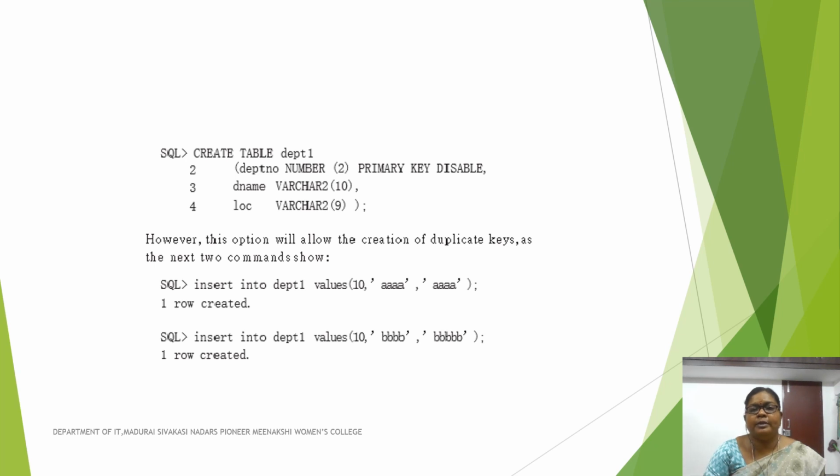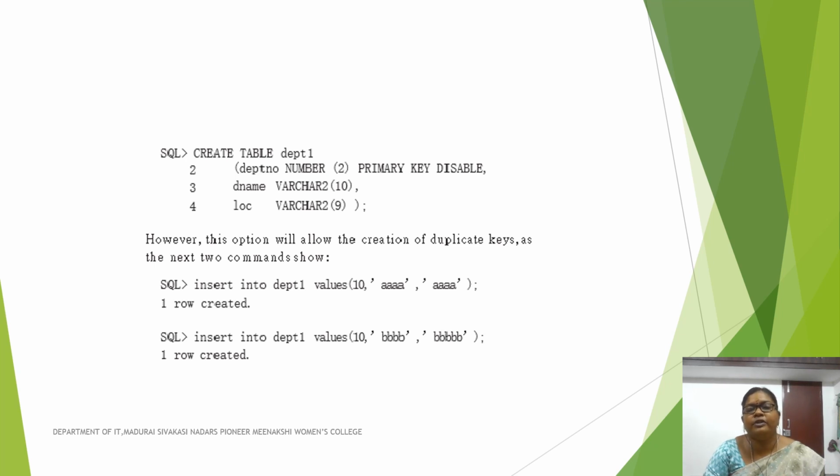There is no primary key enforced for department number. Next, I give values by inserting into the department1 table: INSERT INTO department1 VALUES, with the values for that particular table. One row is created successfully.